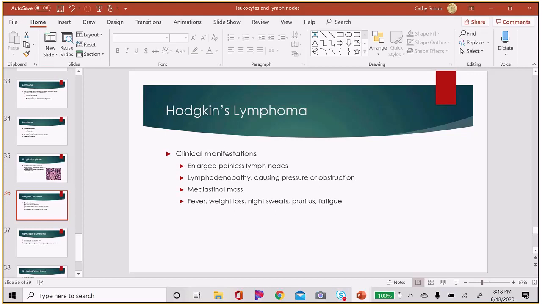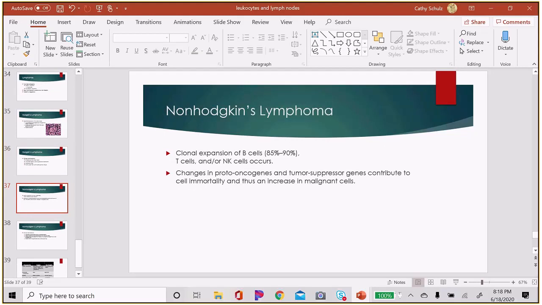It's usually an enlarged, painless lymph node that can cause a lot of pressure. That might give some discomfort, but the lymph node itself is not painful. And because of the cytokine release, there can be night sweats and fever. Anytime there's overproliferation of cells and an increased demand for ATP, there can be weight loss and fatigue.